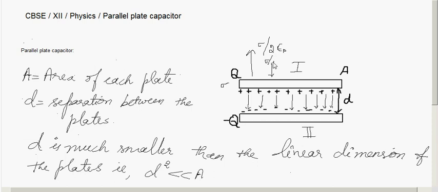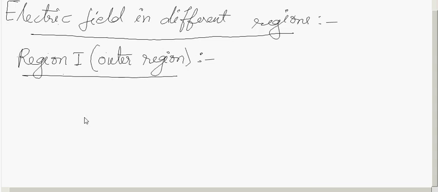So two equal and opposite fields will give the net field as 0. The net field E is sigma by 2 epsilon naught minus sigma by 2 epsilon naught, equal to 0.